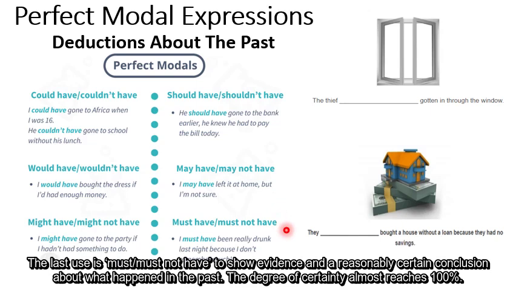The last use is must or must not have to show evidence and a reasonably certain conclusion about what happened in the past. The degree of certainty almost reaches 100%.